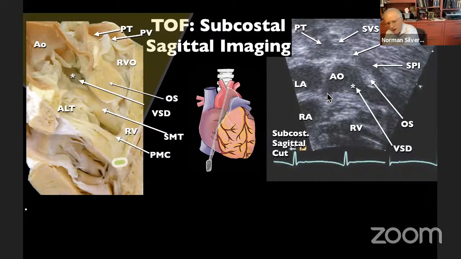Here, once again, and I think most importantly, is an example in the subcostal coronal cut, which shows the deviated outlet septum.